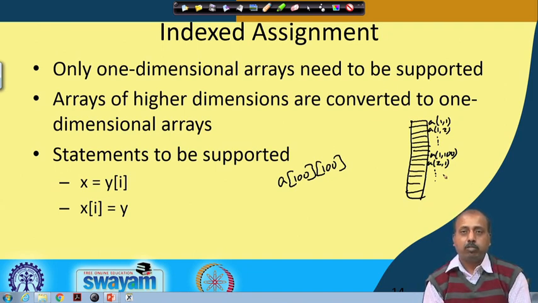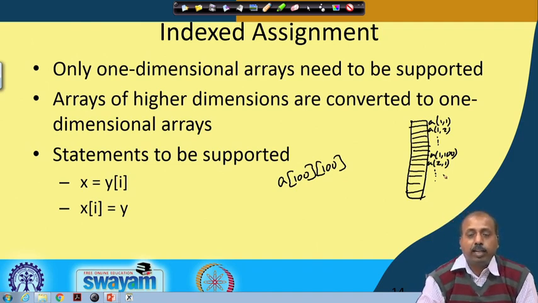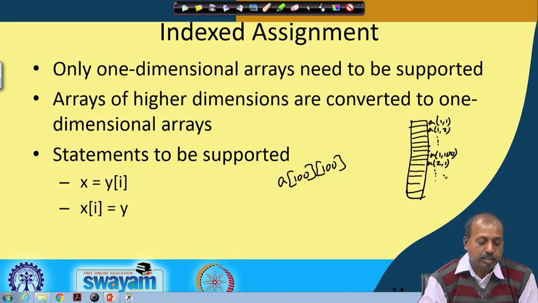This conversion from multi-dimensional array access to single dimensional array access is better done at the intermediate code generation phase itself, so that at the target code generation stage we are not bothered about array dimensions and can concentrate more on other optimizations.